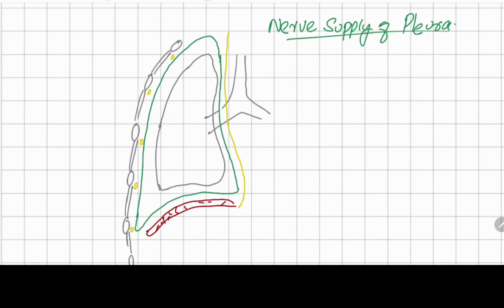Now let us see the nerve supply of pleura. Here we have the costal pleura, here we have the mediastinal pleura, and this is the diaphragmatic pleura. The costal pleura is related to the intercostal space, so here we have the intercostal nerves. The costal pleura is supplied by intercostal nerves.